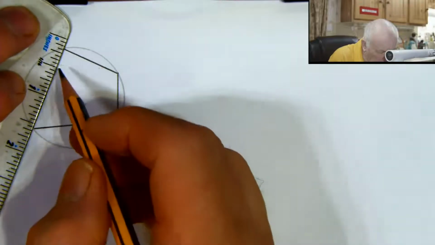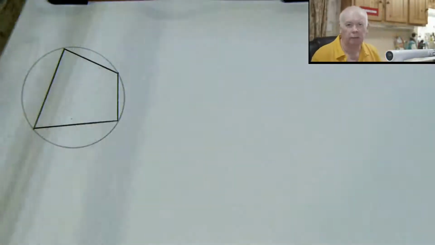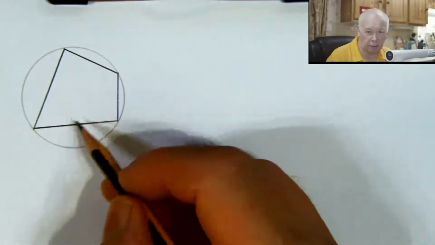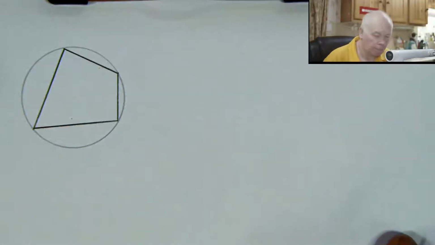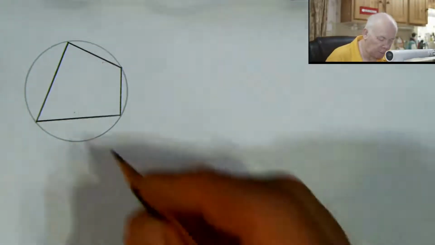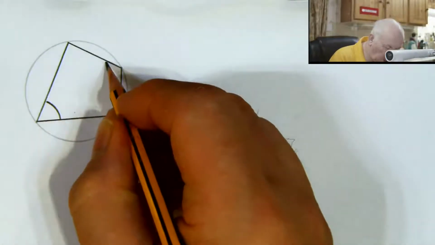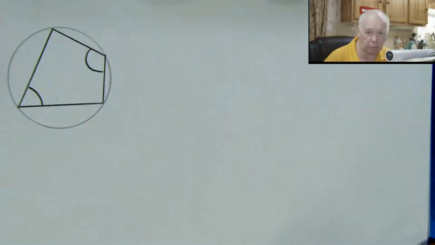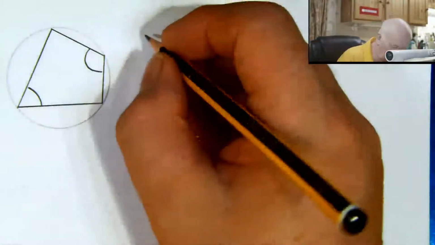And it certainly won't make a square, but it does make rather an interesting sort of shape. Not any particular shape. I've tried to make that one fairly irregular. And what we know is the opposite angles of a cyclic quadrilateral add up to 180 degrees.